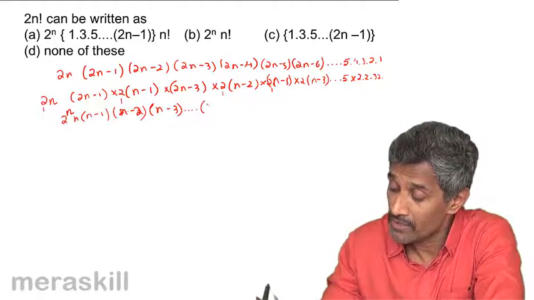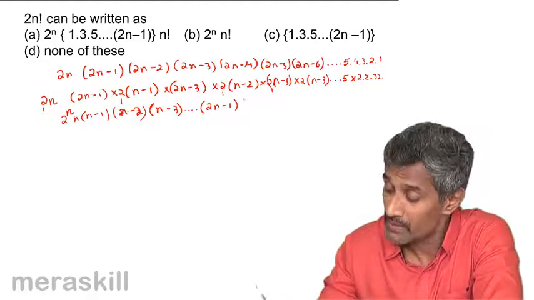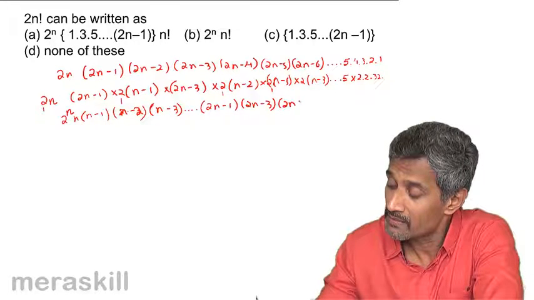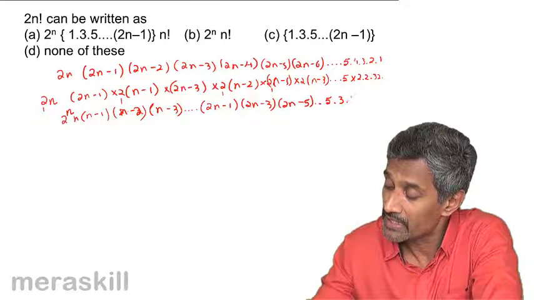And there is 2n minus 1, all the odd numbered ones, 2n minus 3, 2n minus 5, and so on, and 5, 3, 1.